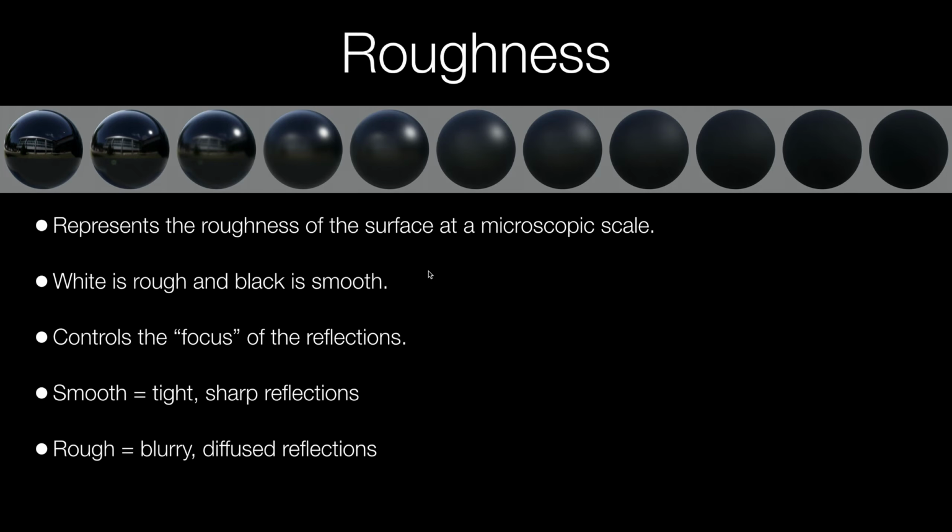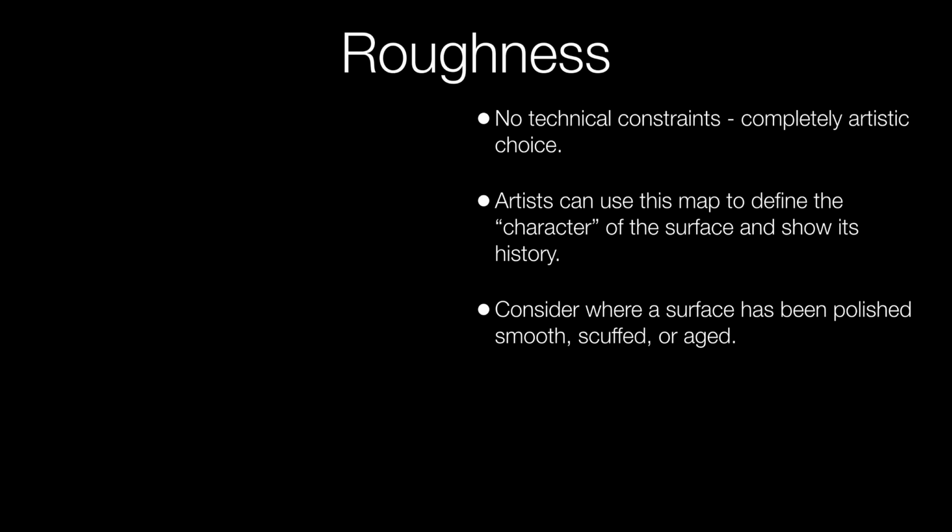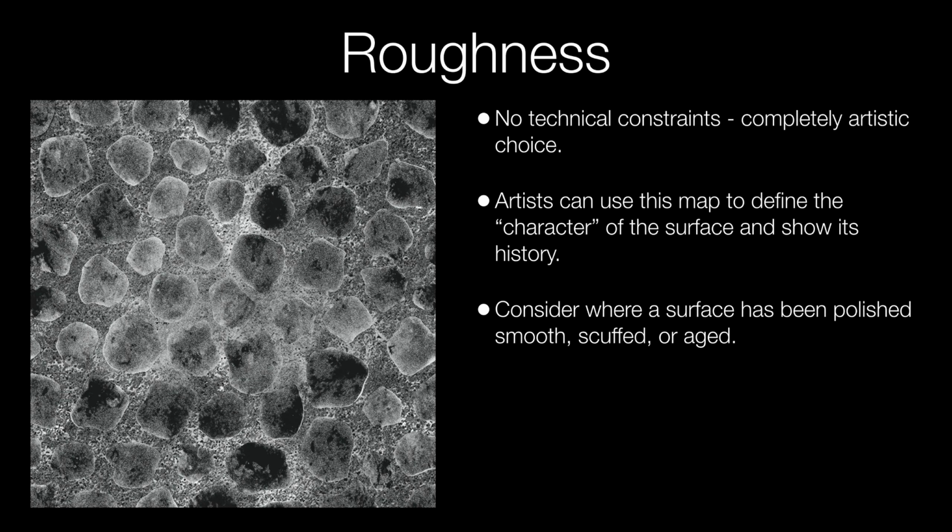And it's basically controlling the focus of the reflections. So you get really, really blurry reflections with a roughness value of 1, and really, really sharp, tight reflections with a roughness value of 0. Alright, so let's take a look at our roughness map. Now the interesting thing about painting a roughness map is there aren't any technical constraints.